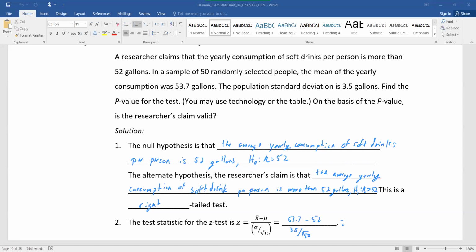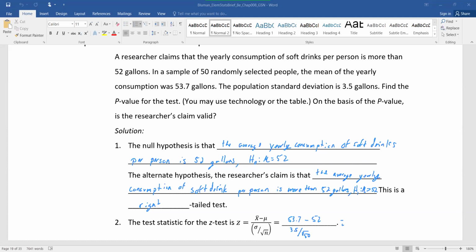We got 53.7 minus 52, which gives 1.7. We're going to divide that, use parentheses, and say 3.5 divided by the square root of 50, close parentheses, hit enter.